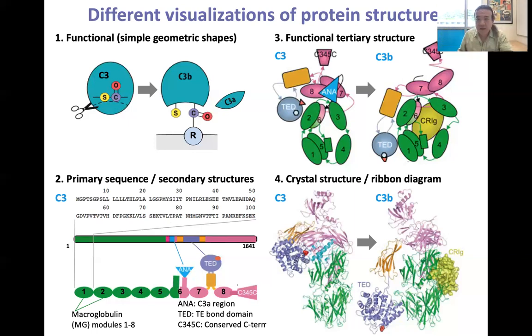So the protein, or the gene that codes for the protein, evolved with this very particular amino acid sequence, so that when you cut off this C3a part, the ANA part, the resulting rest of the protein has to shift around. Look what happens, right? The thioester bond containing domain now flips down and points down, right?